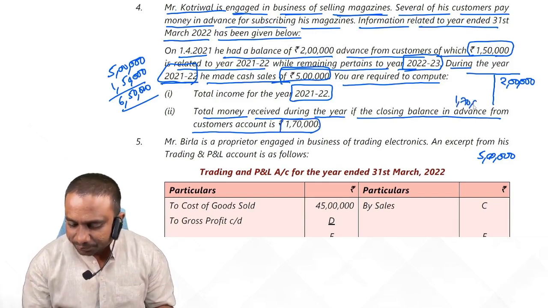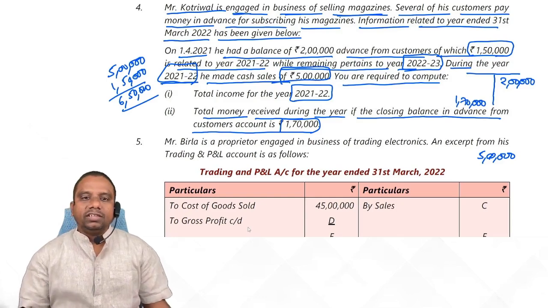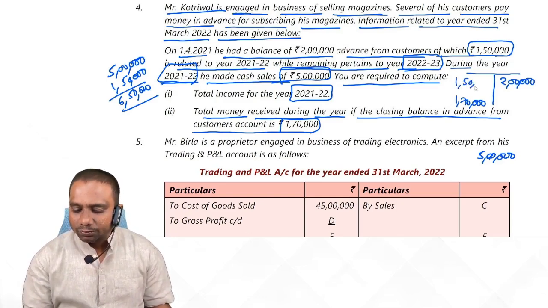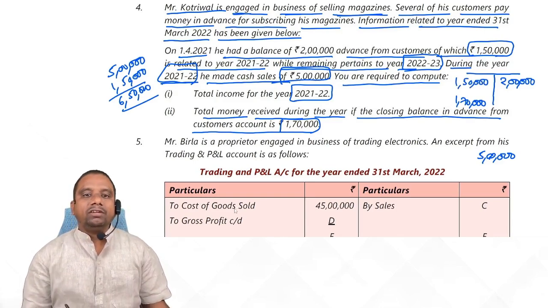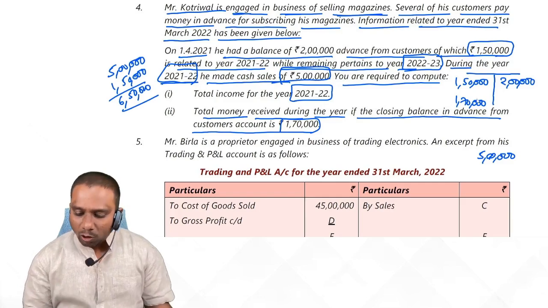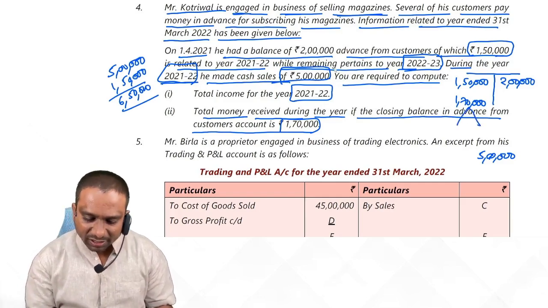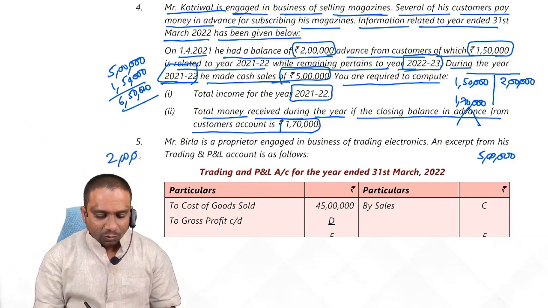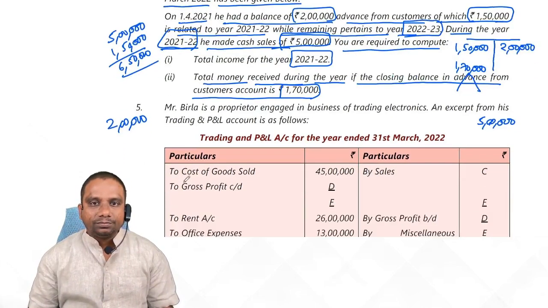Look at, this account has a balance of 1,70,000. 1,50,000 is relating to the current year, that we adjust. And they said the opening balance is 2 lakhs.